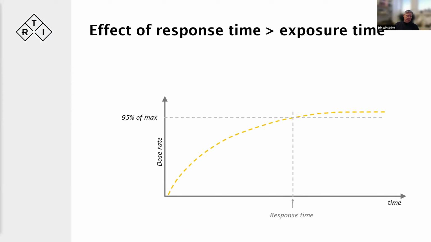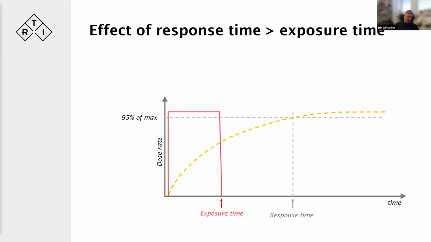Now, if we make an ideal exposure, like a square or rectangular wave, this would be the exposure time. We have an immediate rise, and that's when the instrument starts reacting. But here we have a response time which is longer than the exposure time.